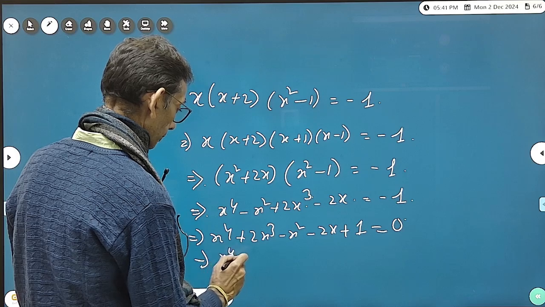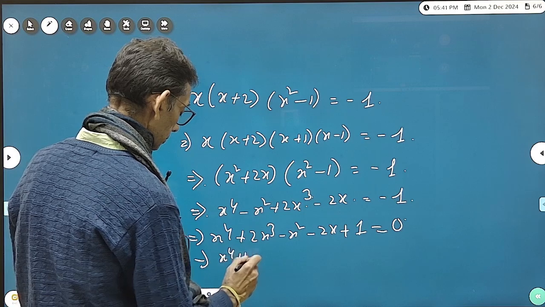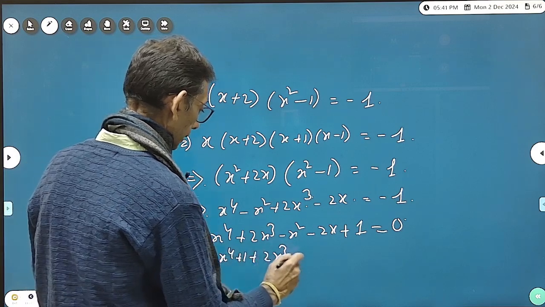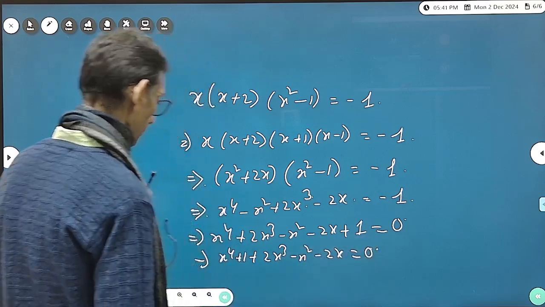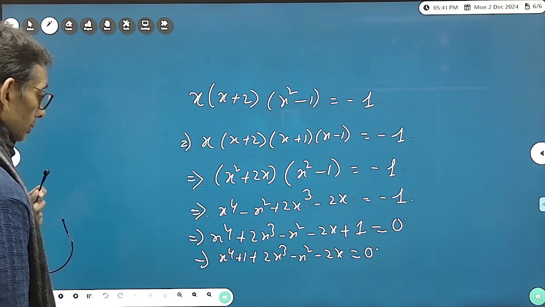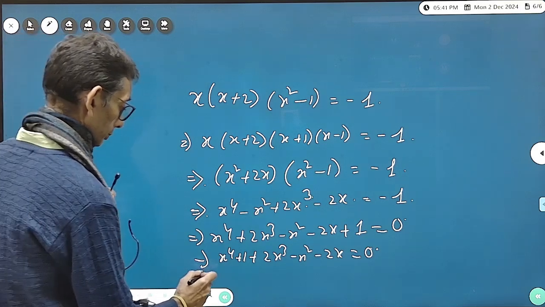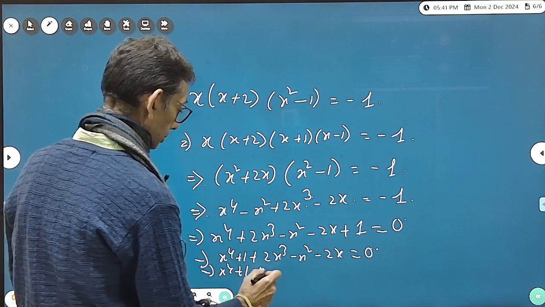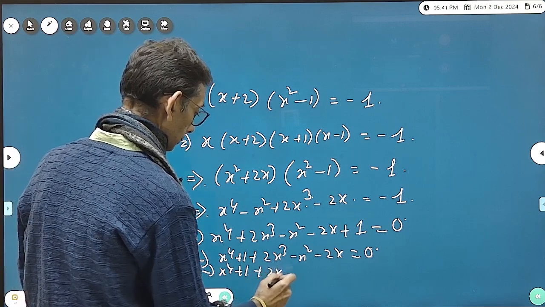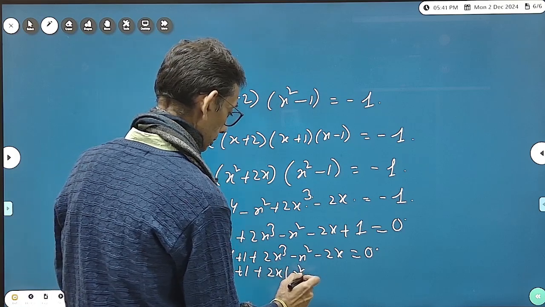This way it will be long, so you can take twice x common.